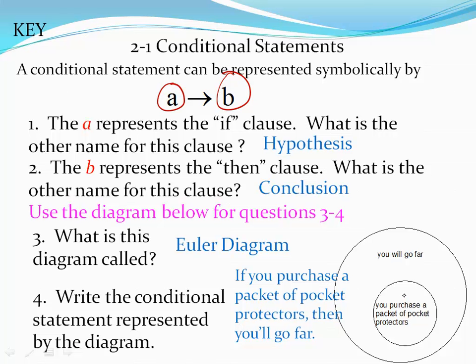So the innermost circle is the hypothesis, and the larger circle that contains the innermost circle is the conclusion. That's how you use an Euler diagram. This particular Euler diagram demonstrates this conditional statement: if you purchase a packet of pocket protectors, then you'll go far.